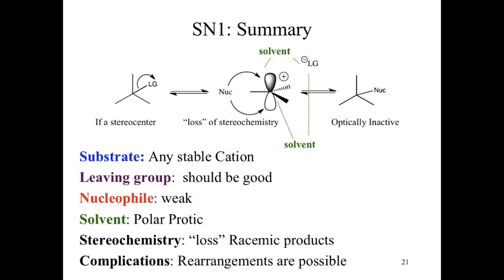Complications within the reaction: you can get rearrangements. And the rearrangements ultimately come from our primary reason that we're looking at SN1s, carbocations. If a carbocation forms, you need to immediately be thinking, can you rearrange? If you can, do it. Then finish out the rest of your mechanism. So those are your big summaries for your SN1.